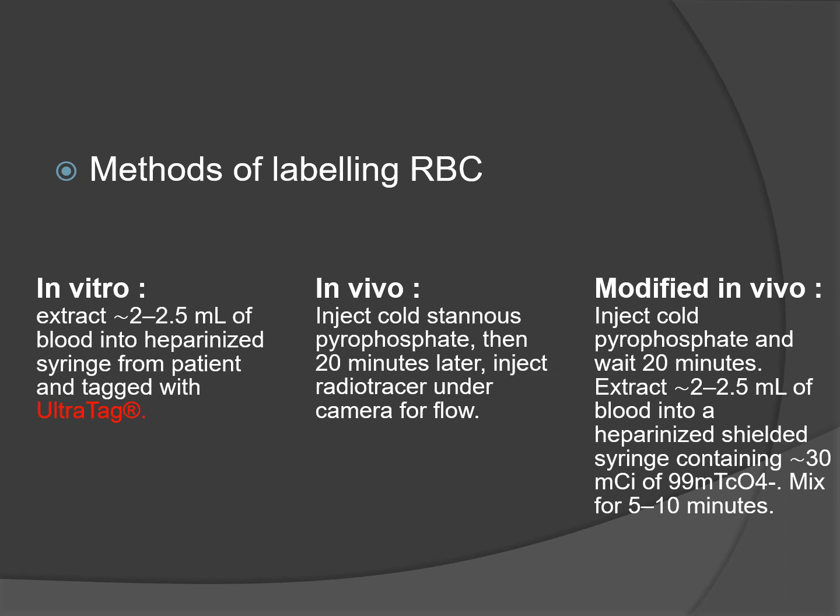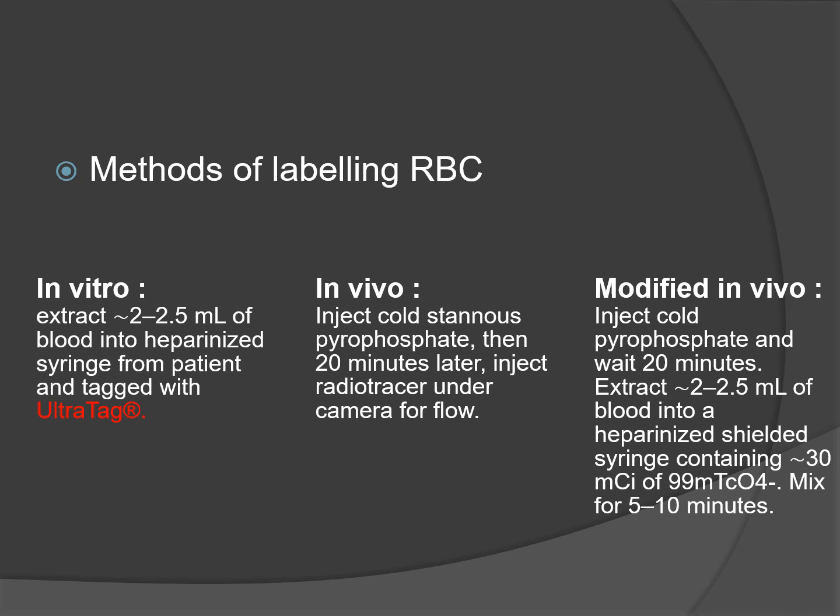And the second one, we can do an in vivo technique, which is we inject the cold stannous first inside the body of the patient, and then after 20 minutes we inject the radioactive tracer. So when we inject the stannous, it will help the attachment of the radiopharmaceutical to the RBC.